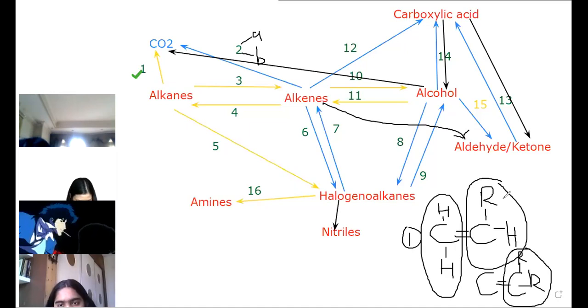Which condition of the alkene, when it reacts with acidified potassium manganate, will become carbon dioxide? Is it 1, 2, or 3?